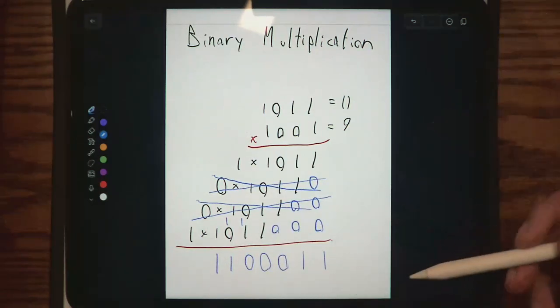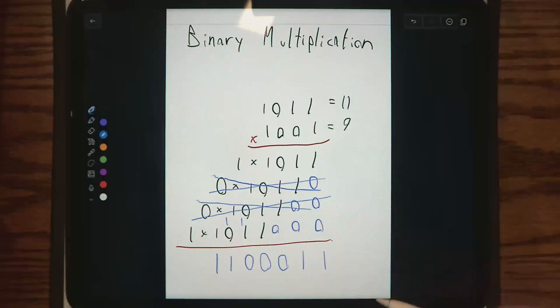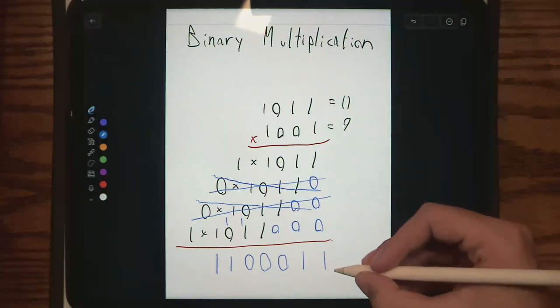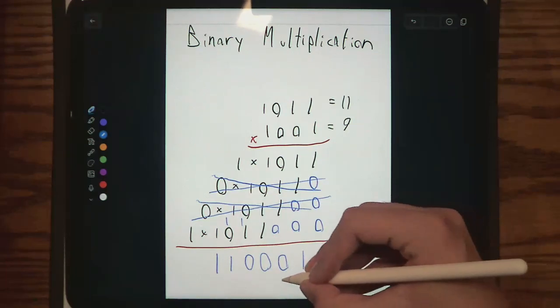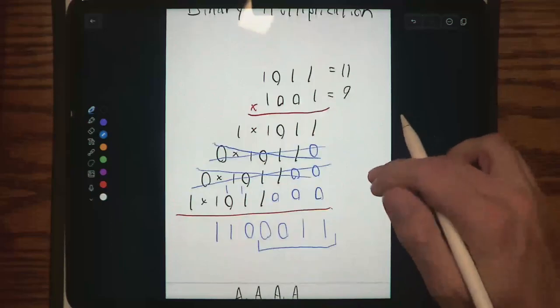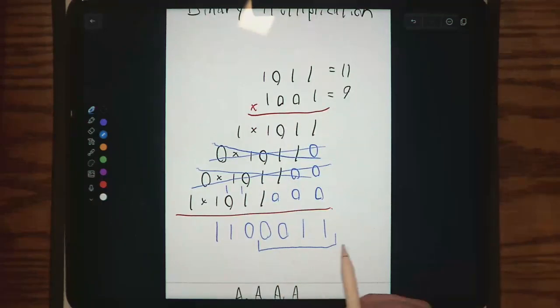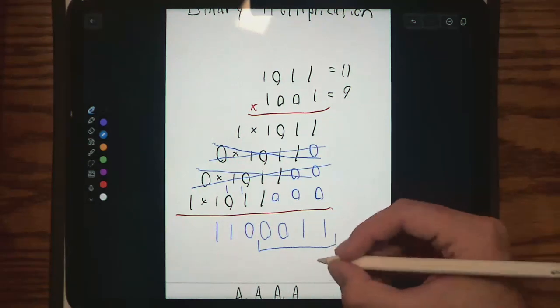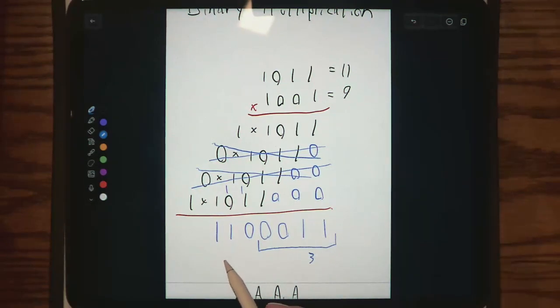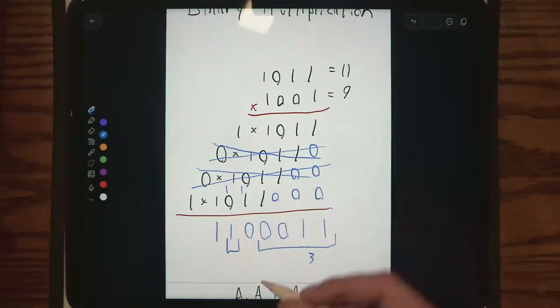Let's quickly convert this to decimal, just to double check. What is this number right here that I've just selected? This part is 3. Now let's double check the rest.